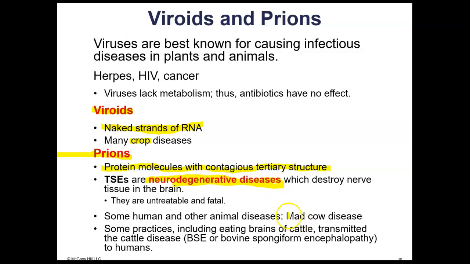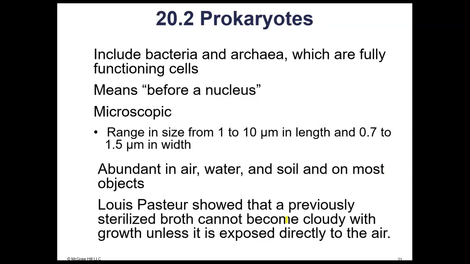Mad cow disease is probably the most well-known of those neurodegenerative diseases. Bovine spongiform encephalopathy, BSE, is mad cow disease in cows. And if humans eat cow brains, basically, these prions can be transmitted to humans and cause the same disease.